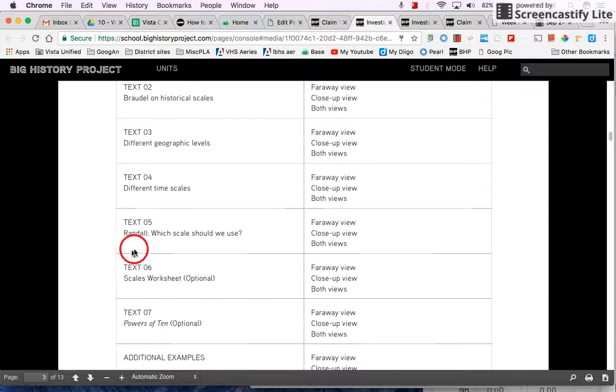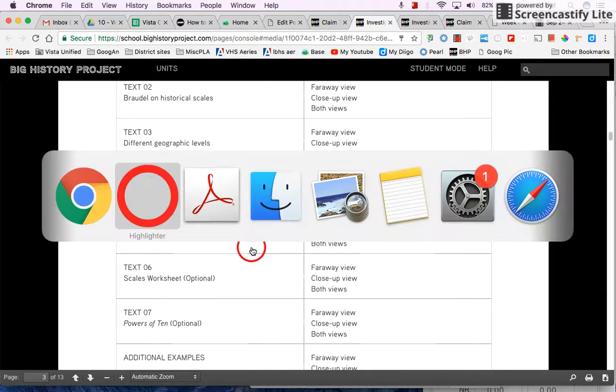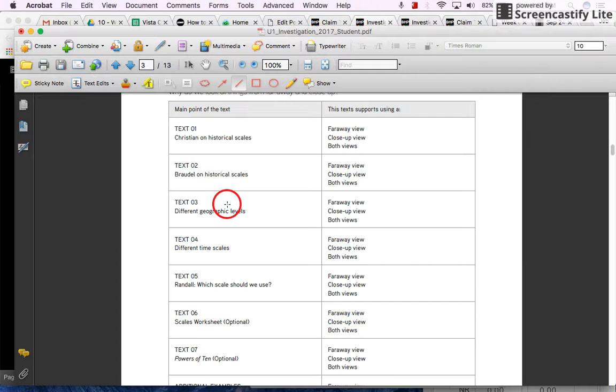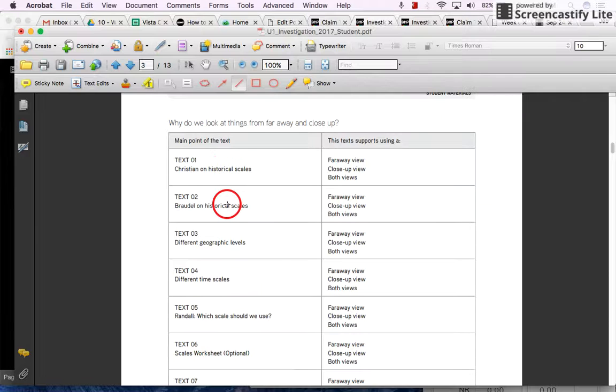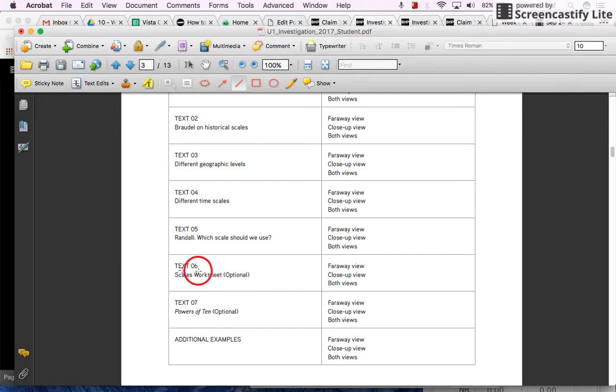I am not requiring text 6 and 7, okay? You see how they both say optional there? That is going to remain, okay? I'm actually changing the view just a little bit. So you'll still have these listed there, but you don't have to complete them.